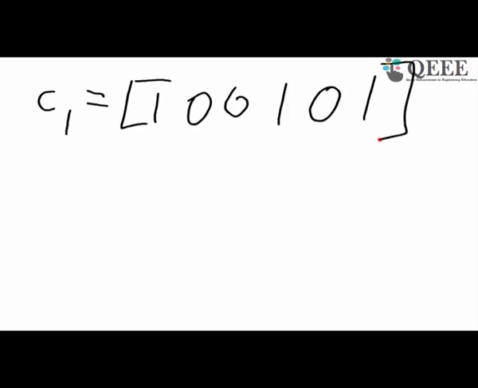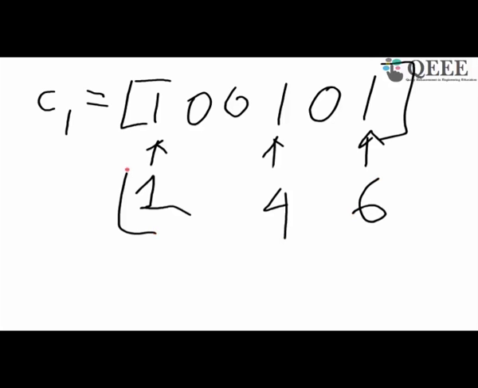So you take an example. C1 is a code word. Suppose 1 0 0 1 0 1. Now the support vector of this code word is basically the index of the non-zero elements, so this is 1, this is 4, and this is 6.